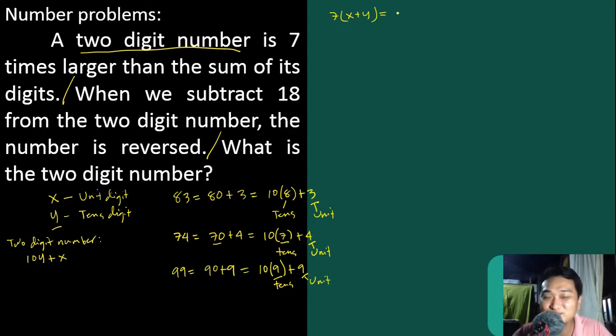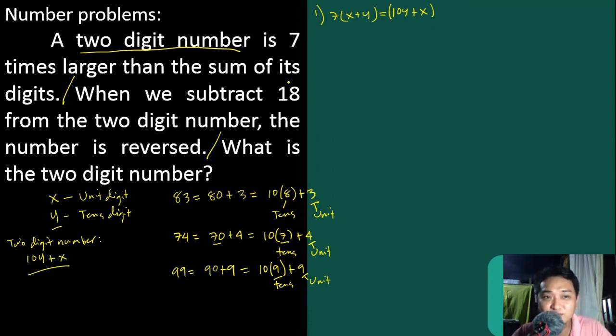At yung 2-digit number na yun is expressed as 10y plus x. So, this is our first linear equation. Huwag po natin kalimutan. Ano po?